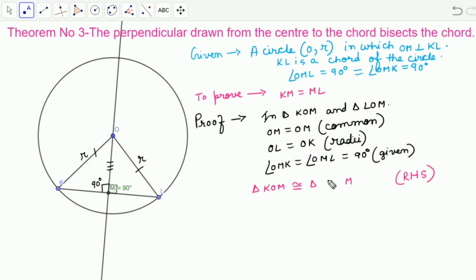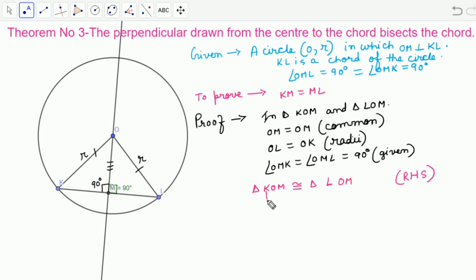The name will be, O will be here, right? And LOM will be the name. Why? Because KO was equal to LO or OL, but OM was equal to OM, common. So M was at last, so O had to come in the second. So this is the thing, and that's proved by RHS.